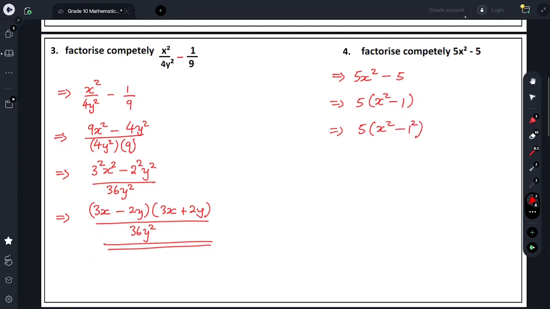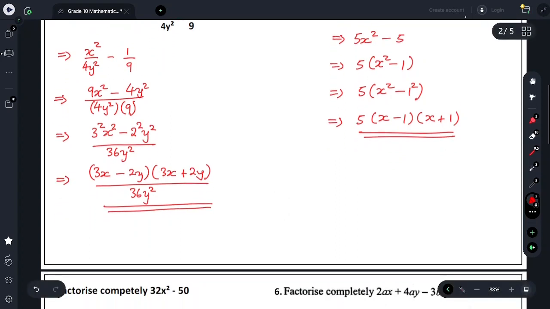So we can rewrite it as 5, open brackets x minus 1, close brackets, open brackets x plus 1. So this one is now factorized completely. This is how it is done. These questions come in paper 1, and this is where they were picked from.